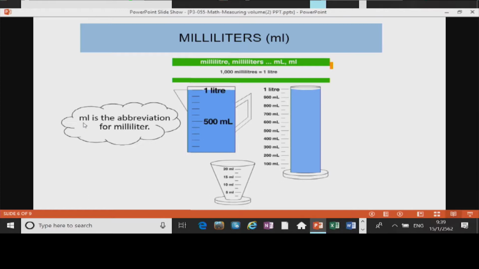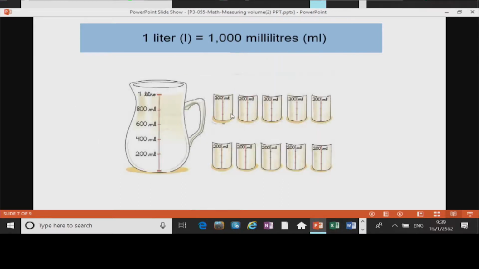And what is ml the abbreviation of? Milliliter, excellent. How many milliliters in 1 liter? 1000 milliliters, excellent. Here we have a 1 liter jug.